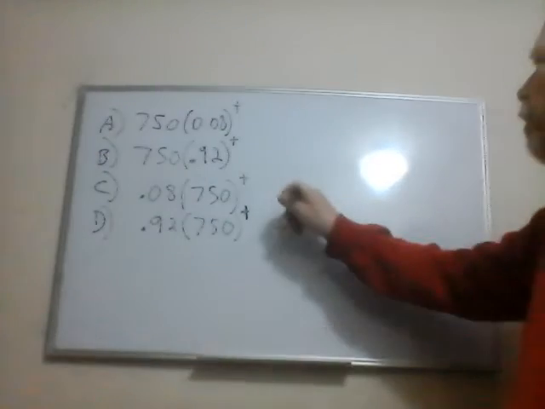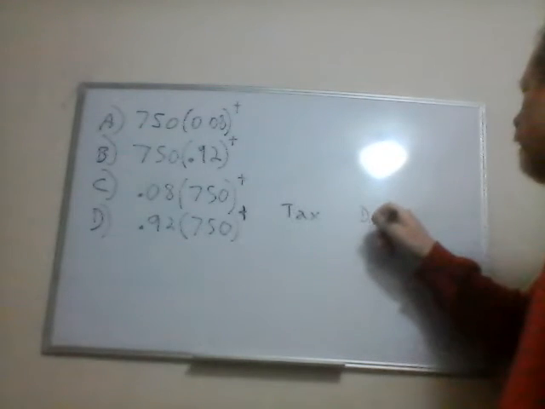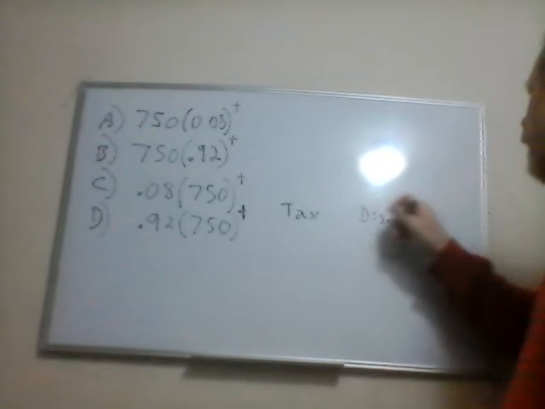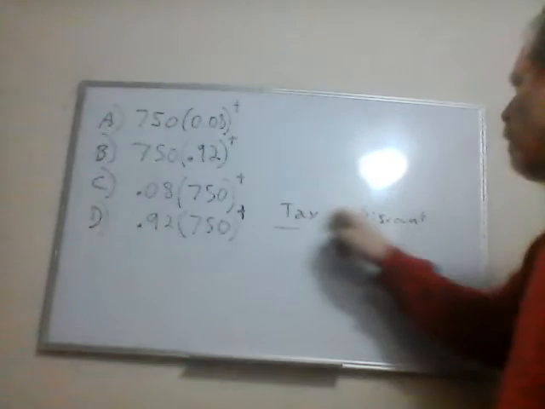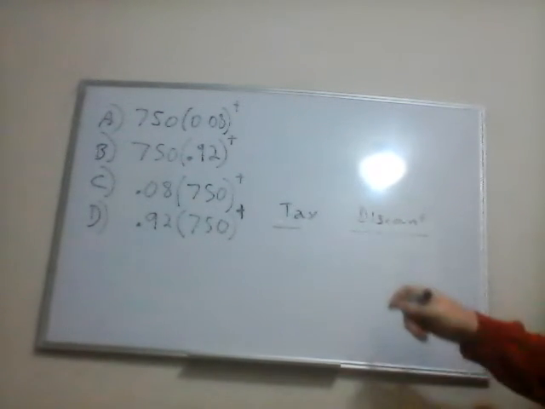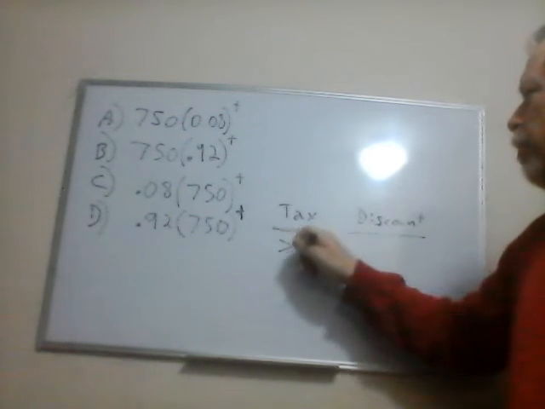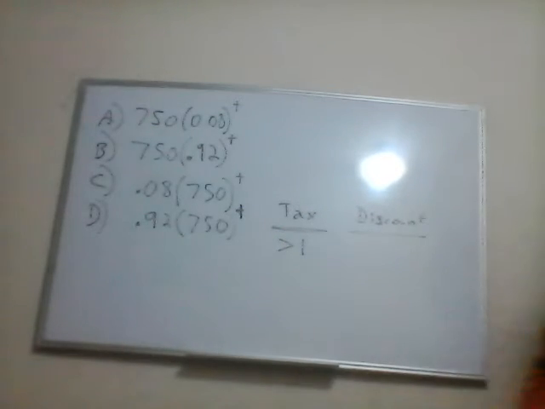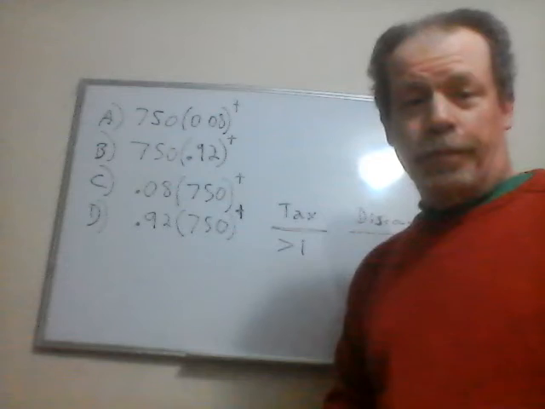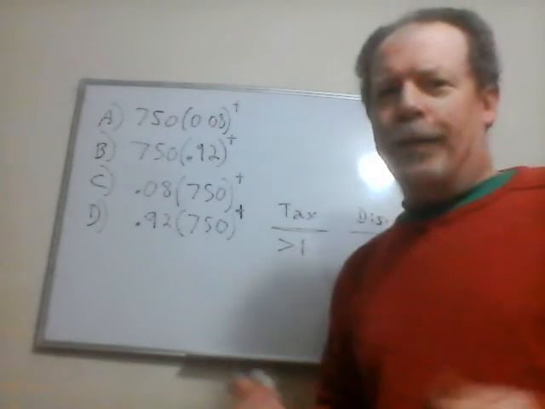Okay, so with tax and discount, people are not very confused about tax. They know that it makes a positive number larger if you multiply something by a number that is larger than 1. People are often confused about discount, and it's even more confusing when it's not actually money and when it's radioactive decay.